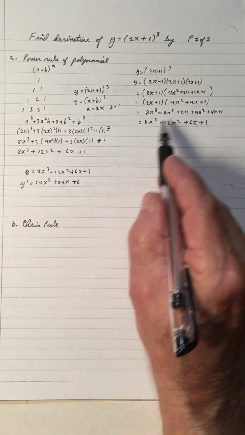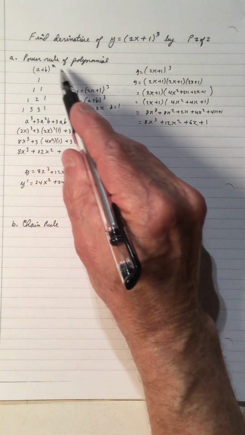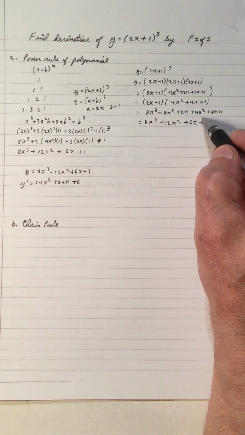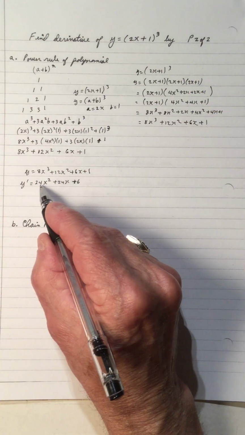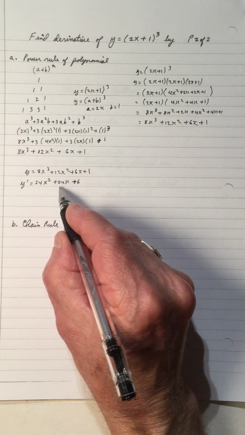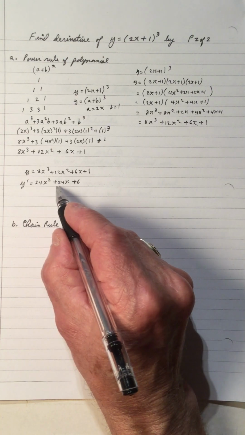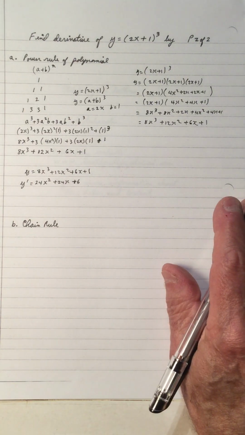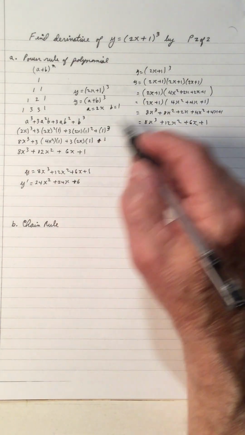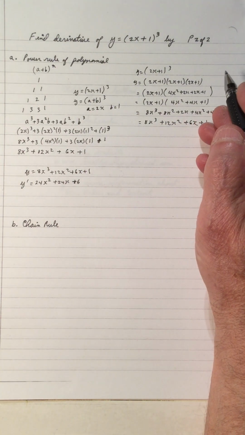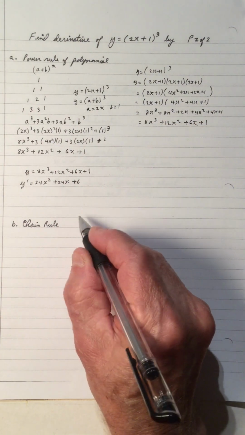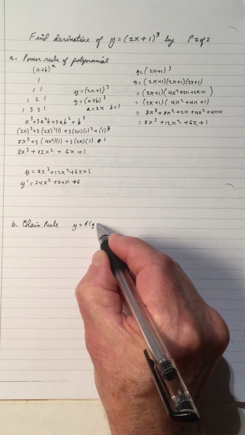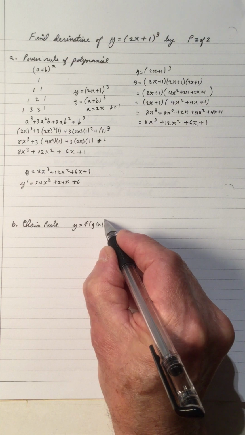So no matter how I worked it out, with the binomial theorem or cubing it the long way, whatever way you want to do it, when you do the derivative, you get 24x squared plus 24x plus 6. But if we do the chain rule, we might be able to do it faster, but it's your choice. So by using the chain rule, we will say y is equal to f of g of x.